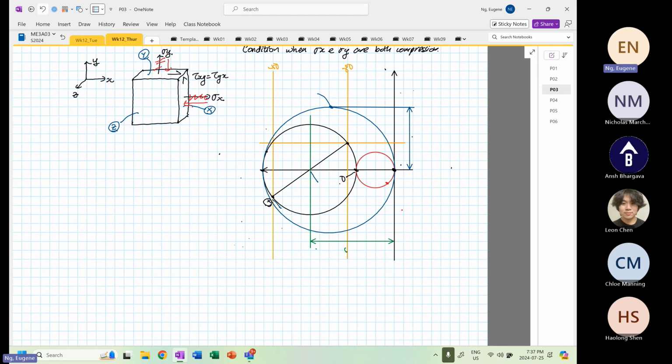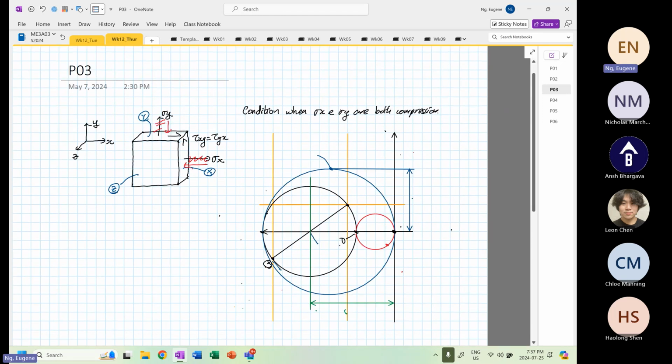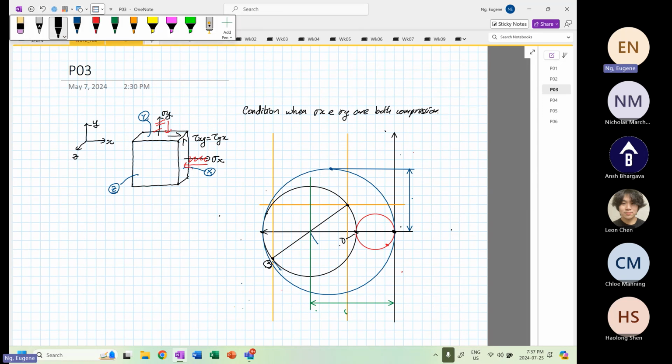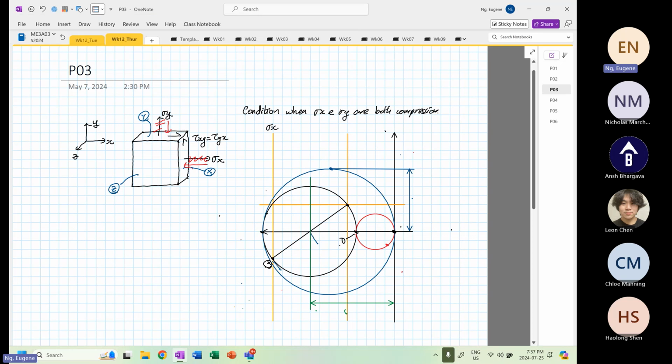So if it's in compression and the compressive stress for point X is smaller or more compressive than Y. So this is our stress X in compression, stress Y. This is your shear element rotate clockwise, anti-clockwise. I need to change this arrow and I just need to draw it in the other direction.